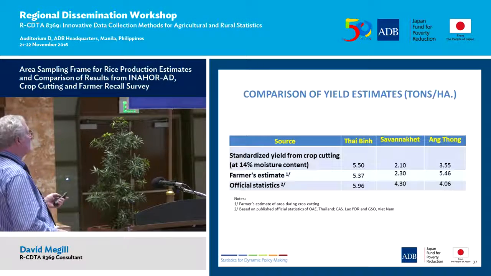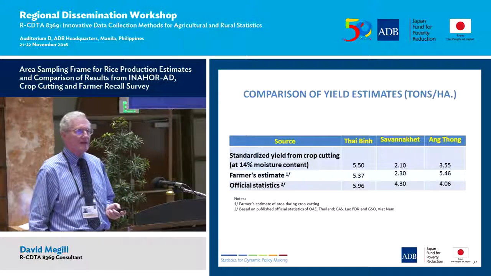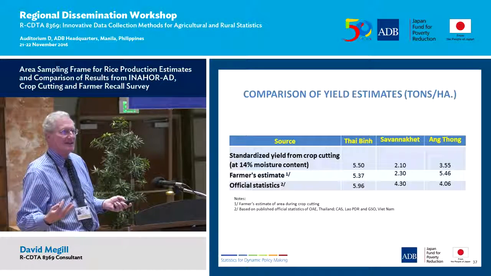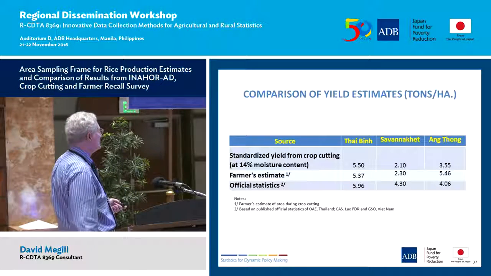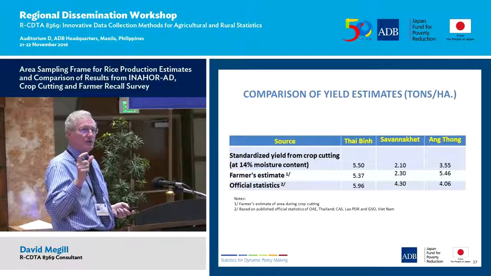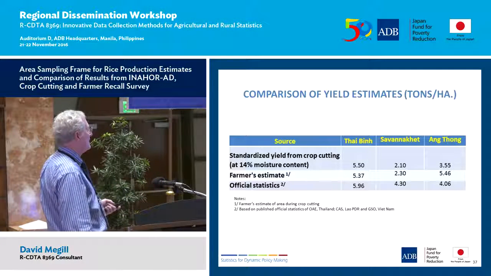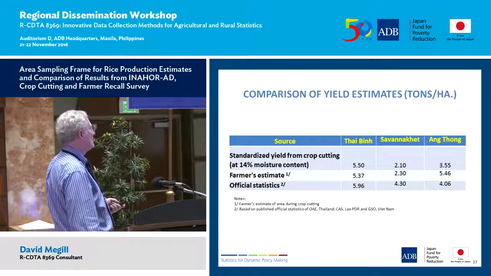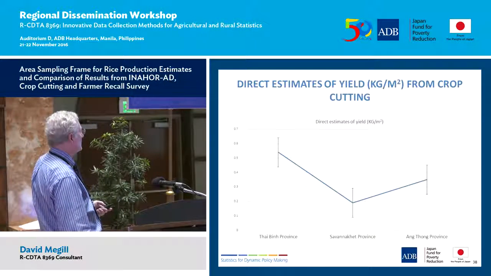Now, it's important in these estimates also to take into account the sampling error, okay? Remember, these are estimates based on the 3-stage sample. And although the estimates of the yield had a fairly reasonable CV, relatively small margins of error, anyway, it's important to take those into account.